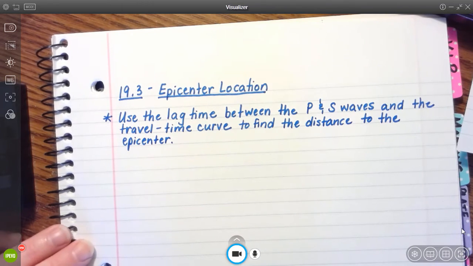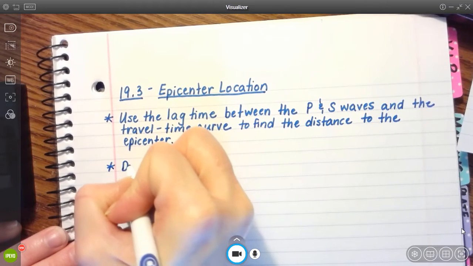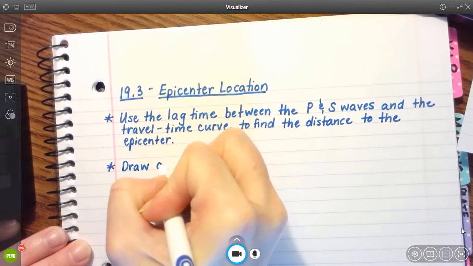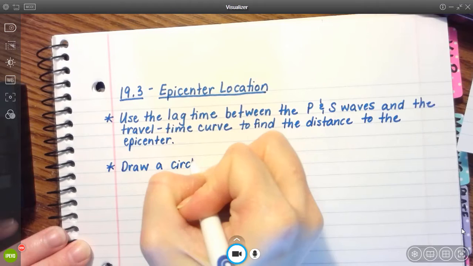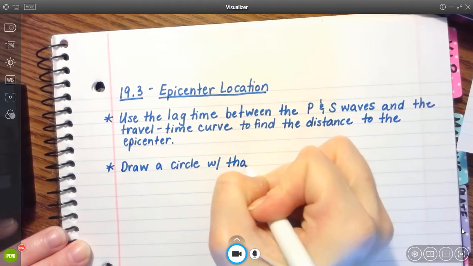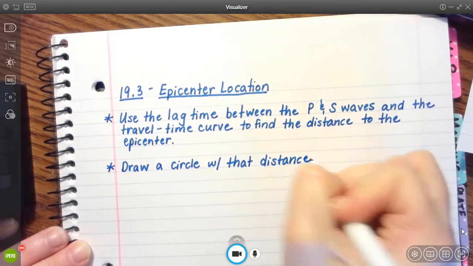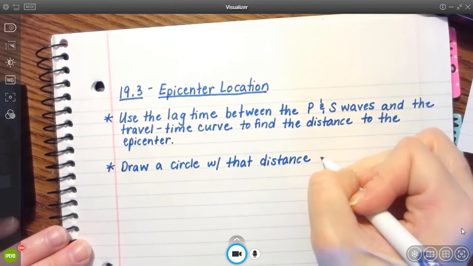Once you know the distance to the epicenter, then you take that distance and draw a circle with that distance as its radius.